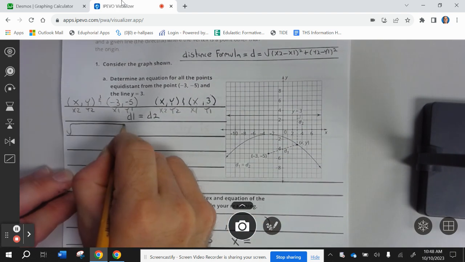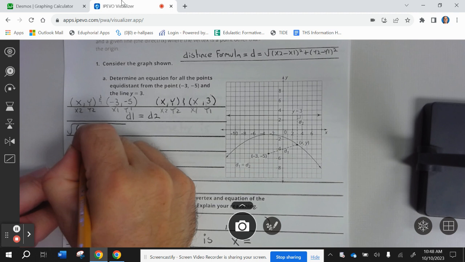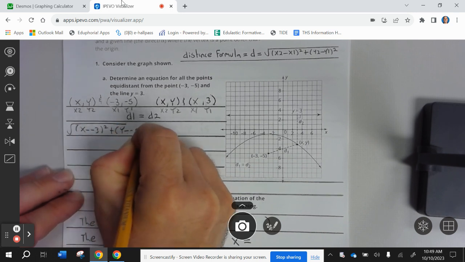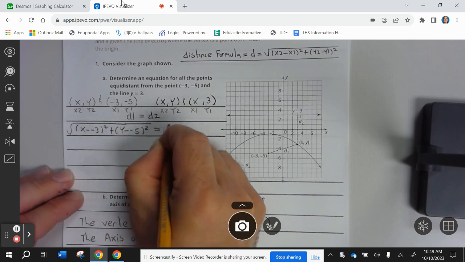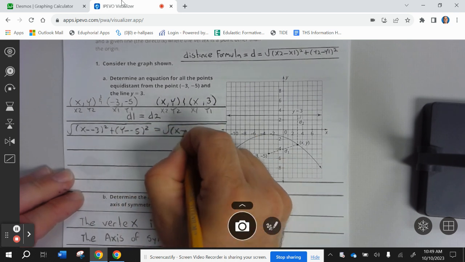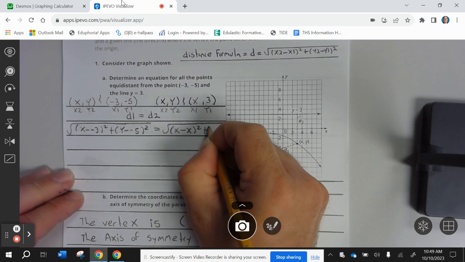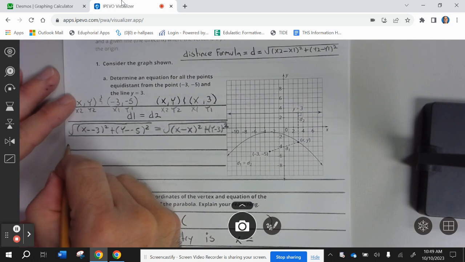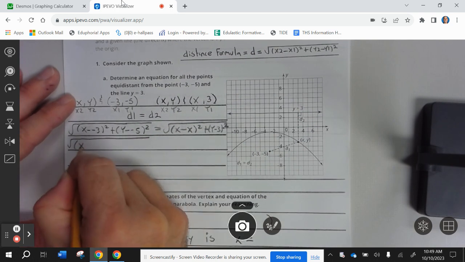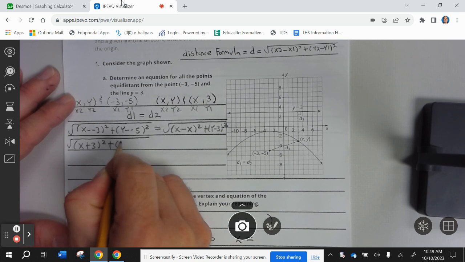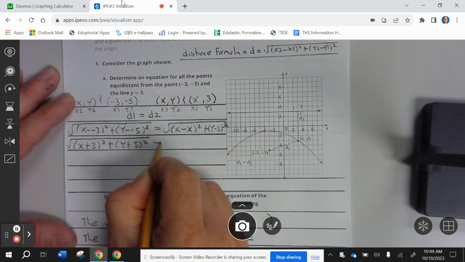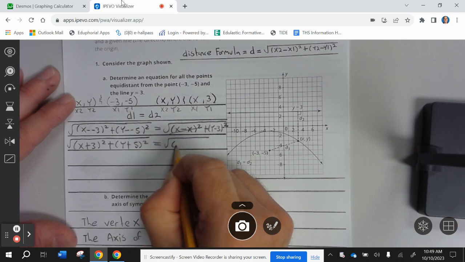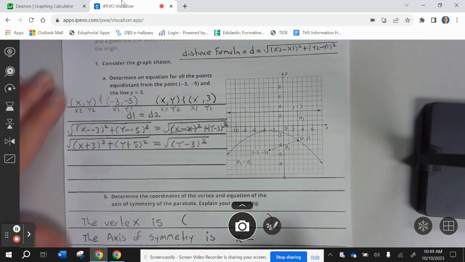So that's the square root of (x minus -3) squared plus (y minus -5) squared equals the square root of (x minus x) squared plus (y minus 3) squared. So that becomes the square root of (x plus 3) squared plus (y plus 5) squared equals, this becomes 0, so then you're left with the square root of (y minus 3) squared.